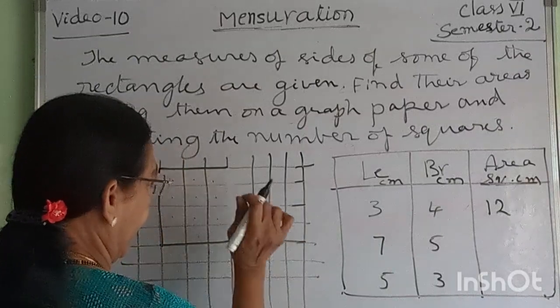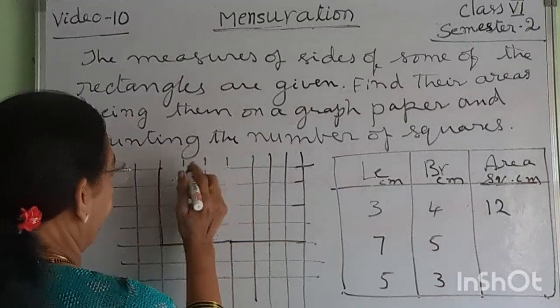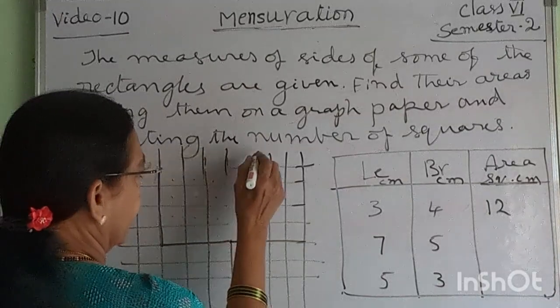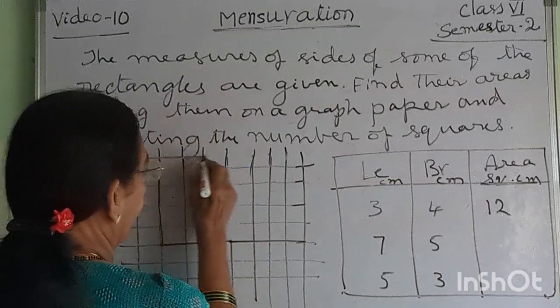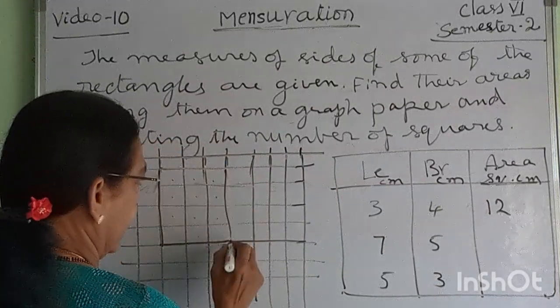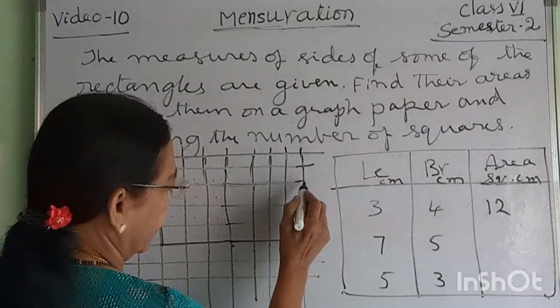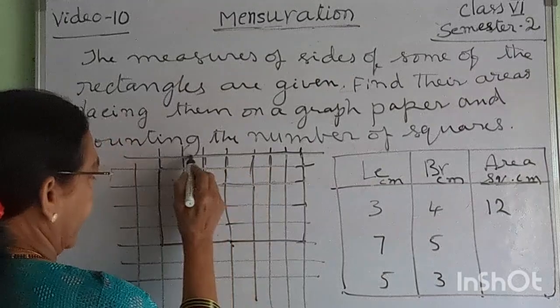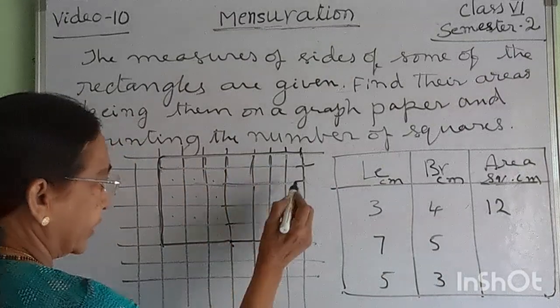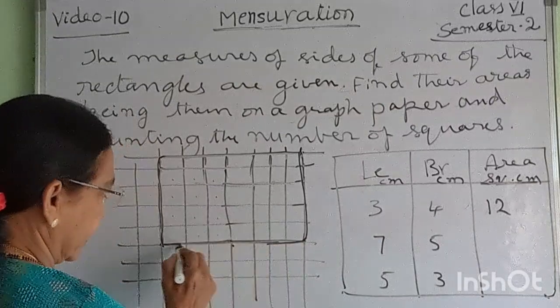Breadth 5, so I have to extend up 1, 2, 3, 4, 5. This is the rectangle having the length 7 centimeters and the breadth 5 centimeters.